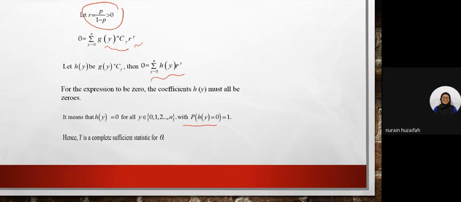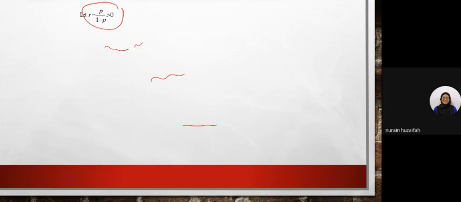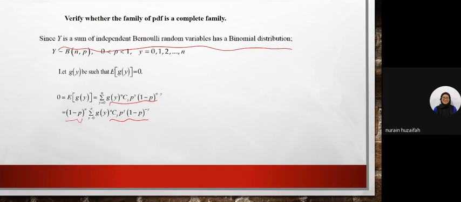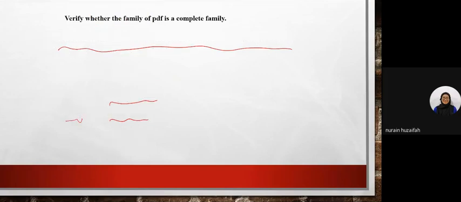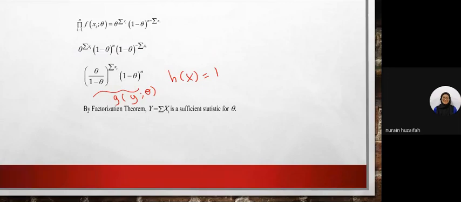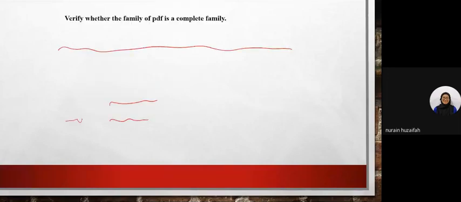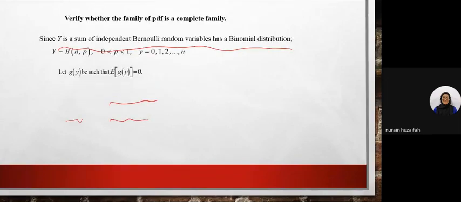The only way to make sure your expected value is 0 is by setting h(y) equal to 0. So by the definition, y is a complete sufficient statistic. The first one we already showed is a sufficient statistic.